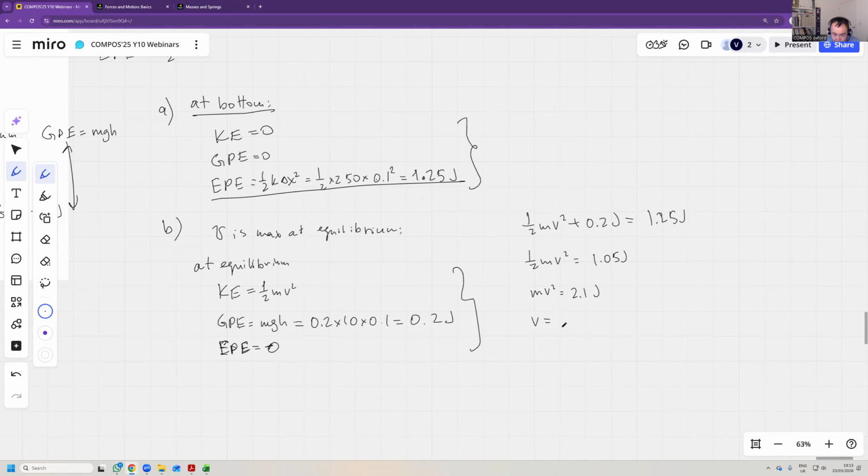V is equal to the square root of 2.1 divided by 0.2, which is the square root of 10.5, which is 3.24 meters per second. That's the maximum speed.